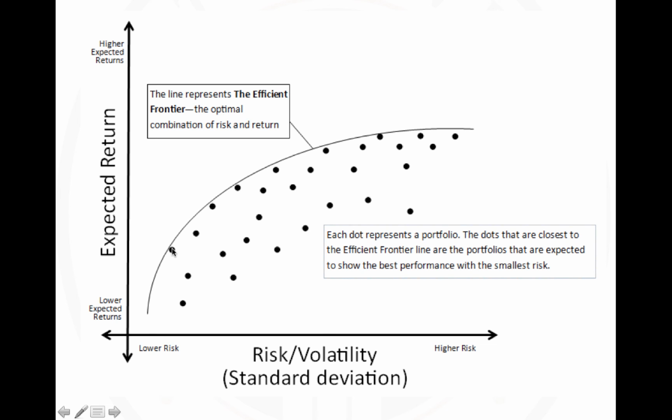So for example, this company has the highest return at the lowest risk, and same for this one. You see that, for example, this particular company right here is not as efficient, and this one gets a lot more. So we would like to have portfolios that are right here.